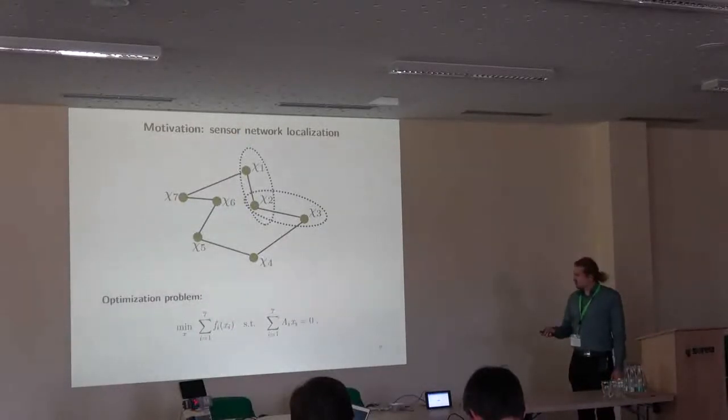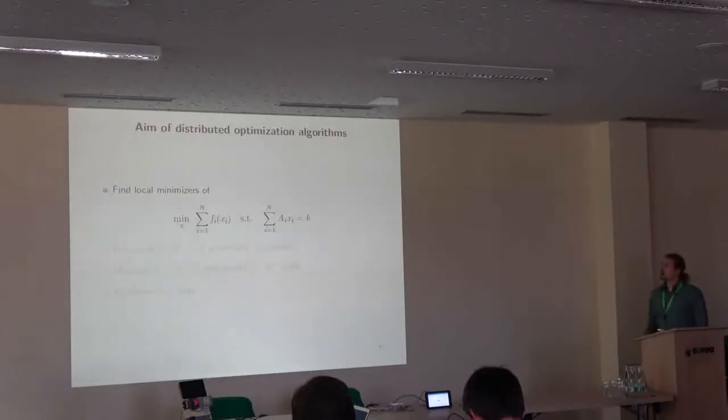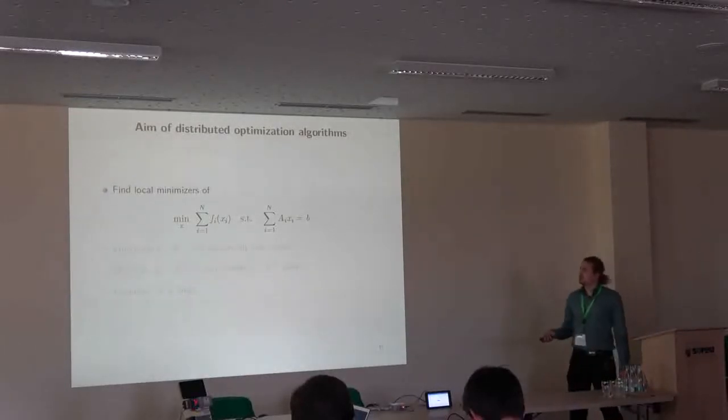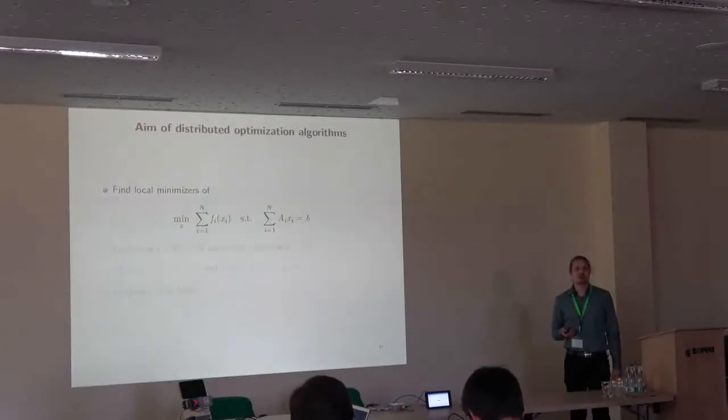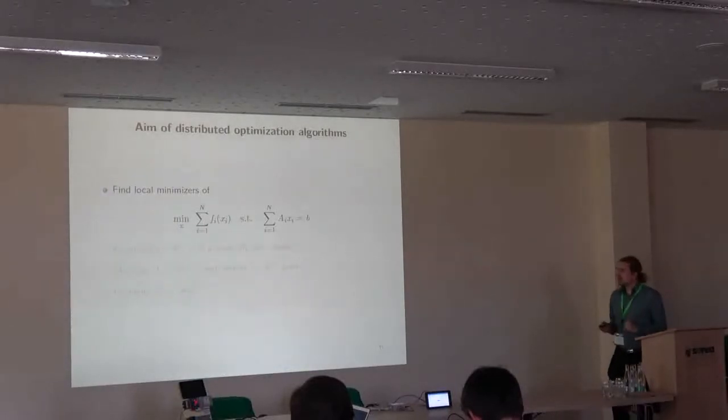Yeah, but all the coupling is affine, so that's a convex constraint, of course. So what this talk is about is really about finding local minimizers of this optimization problem. So the first part of this talk is actually on algorithm and theory development, and the second part of my talk will be on applications.